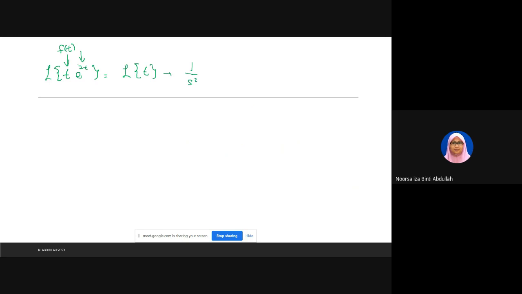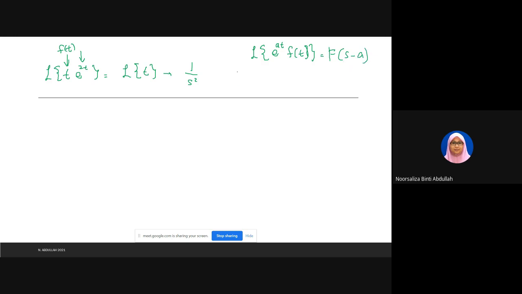If you use the shift theorem, the shift theorem indicates that the Laplace of e^(at) f(t) will be F(s minus a).